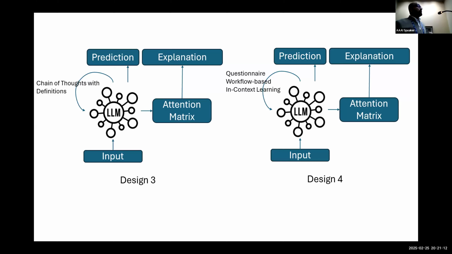The third design is not giving all the definitions at once, but rather giving the definitions in some sort of sequence. Assuming I tell the model, here's a query, give me a particular prediction and an explanation, and the model gives a wrong answer, then I give it another hint. I give it a hint to the first definition, then a hint to the second definition, and so on and so forth.